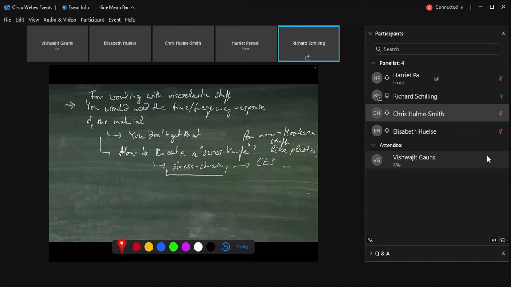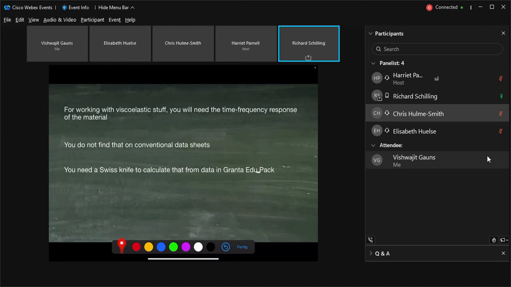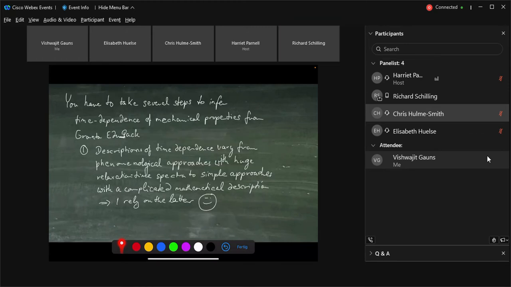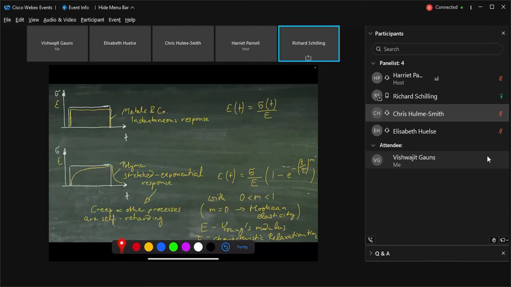And one way to create the Swiss knife and to have this time information is to go into your stress strain diagram and find out what information you find about the time-dependent behavior of your own material.